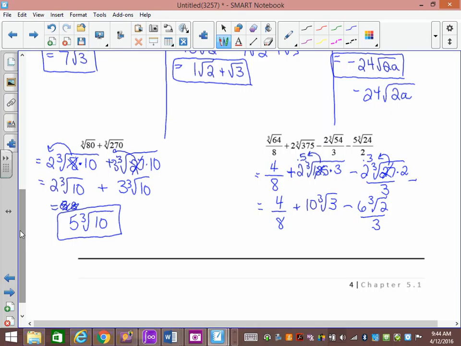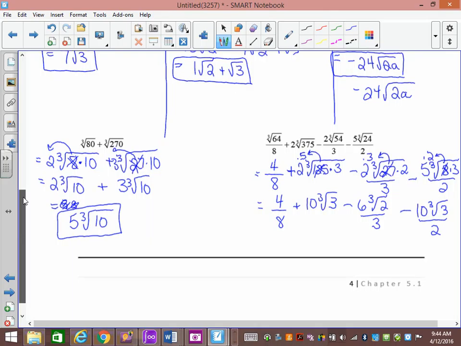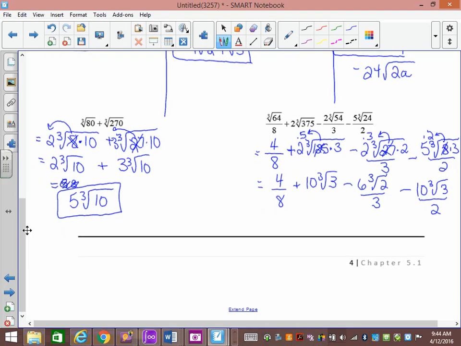And then 24, I can break down into 8 and 3. Take out the 8, and I get a 2. And so I'm left with minus 10 cube root 3 over 2. And 4 over 8, you guys, I could reduce to a half, correct? So I'm going to do that.